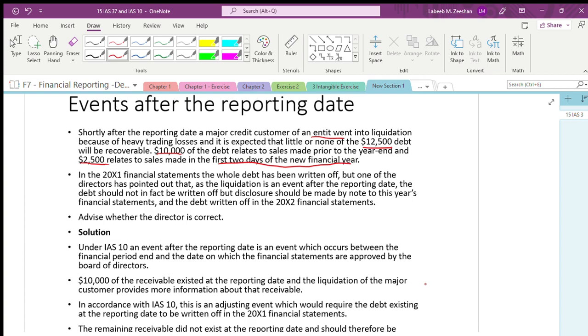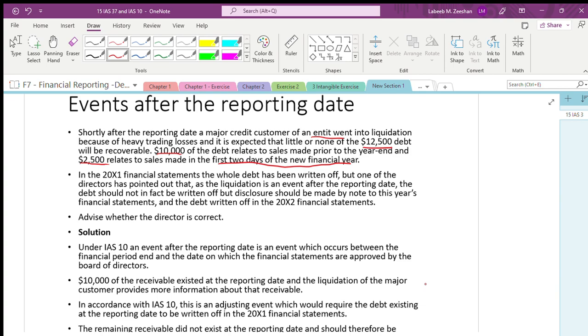Because of heavy losses, the customer went into liquidation. In 2001, in the financial statements, the whole debt has been written off.